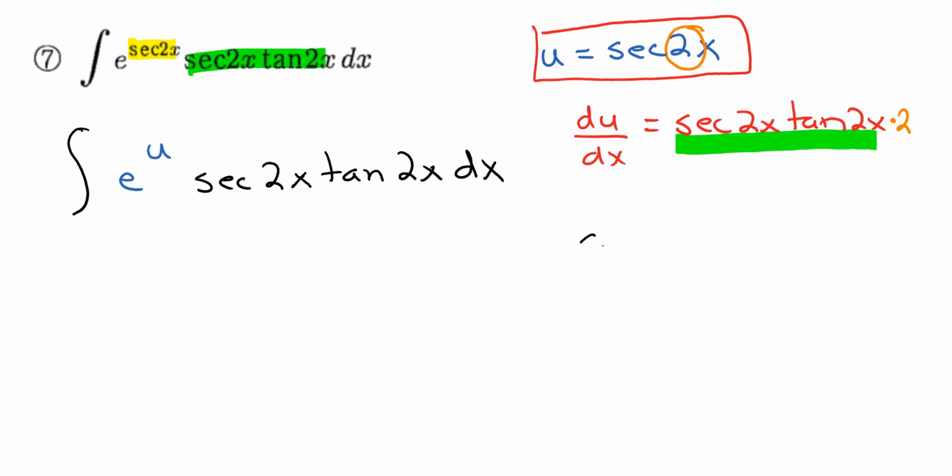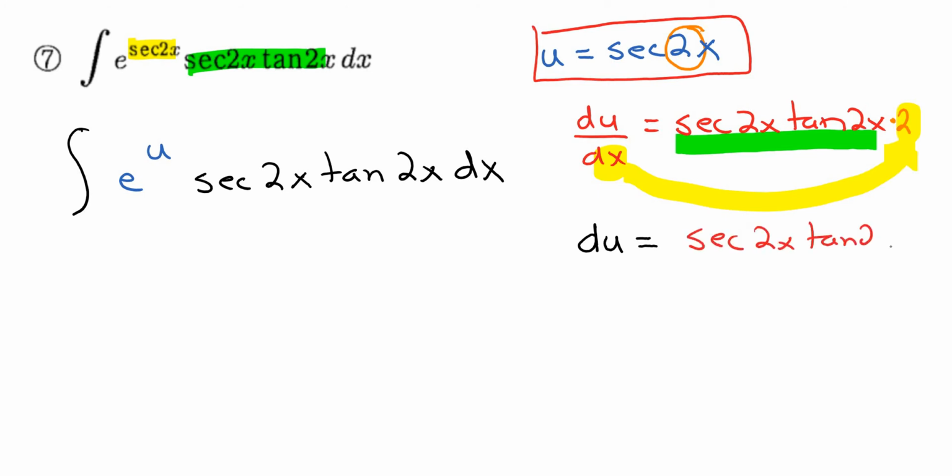And in order to clean this up, or just to rearrange this, I can take this 2 here and that dx. These two things have to interchange. So that's going to be secant 2x times tan 2x times dx. And then the 2 is going to just go on the bottom of the du. So du over 2 equals secant 2x tan 2x times dx. And now I can simply make a substitution step here, right?